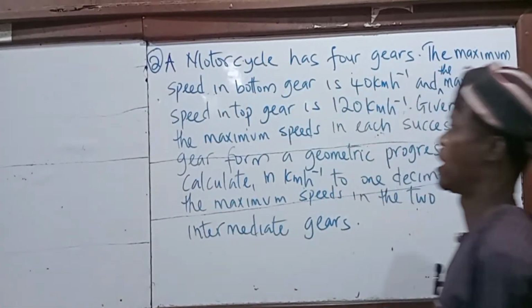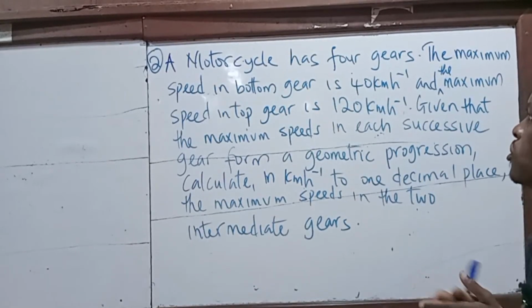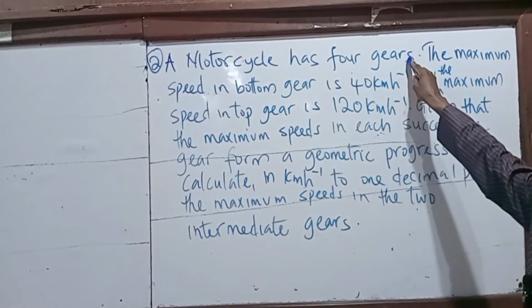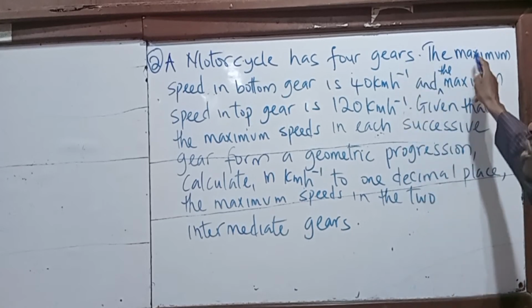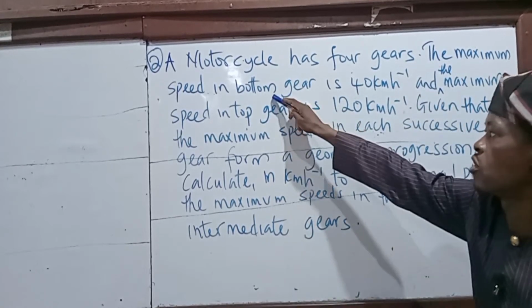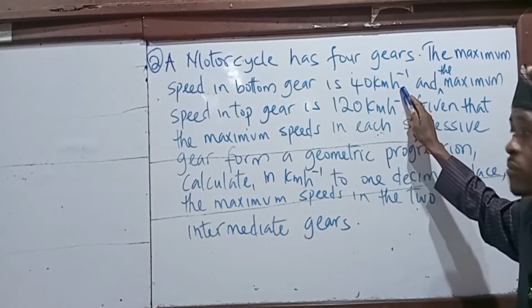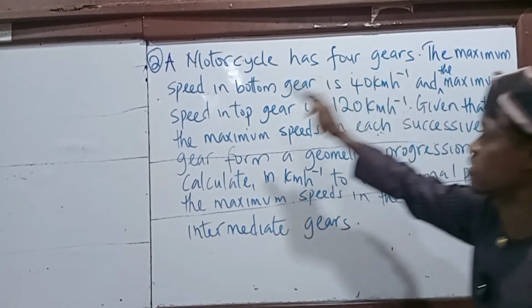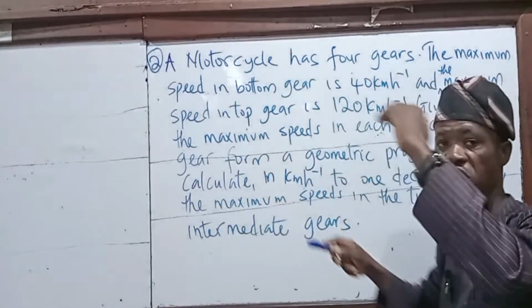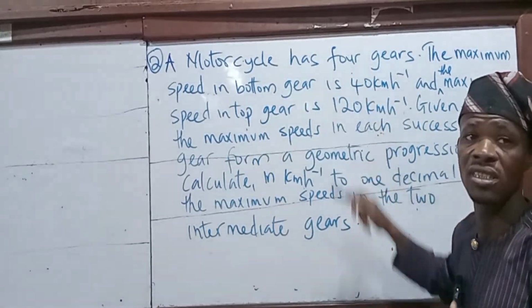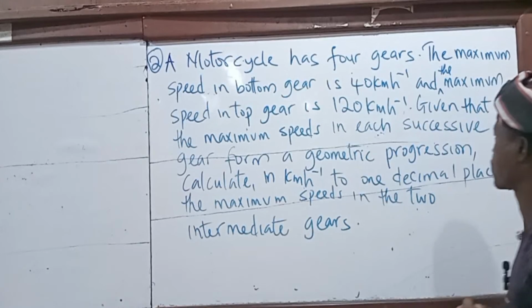This is the next question we have. A motorcycle has 4 gears. The maximum speed in bottom gear is 40 km/h, and the maximum speed in the top gear is 120 km/h.